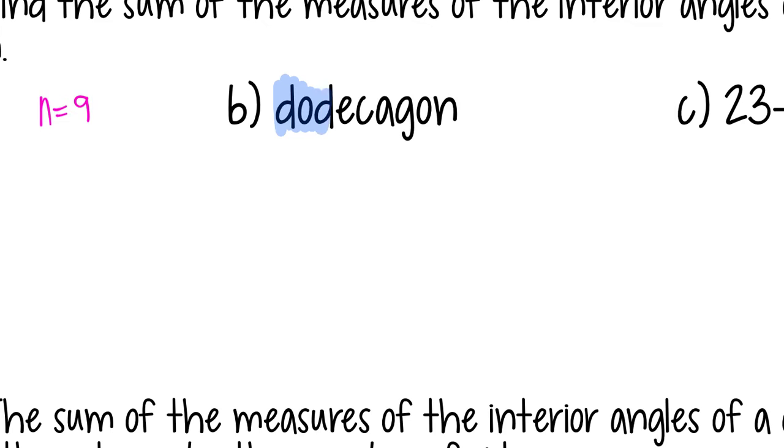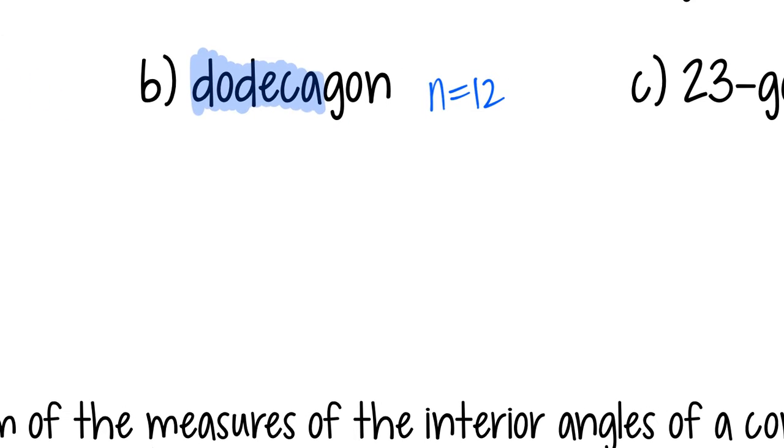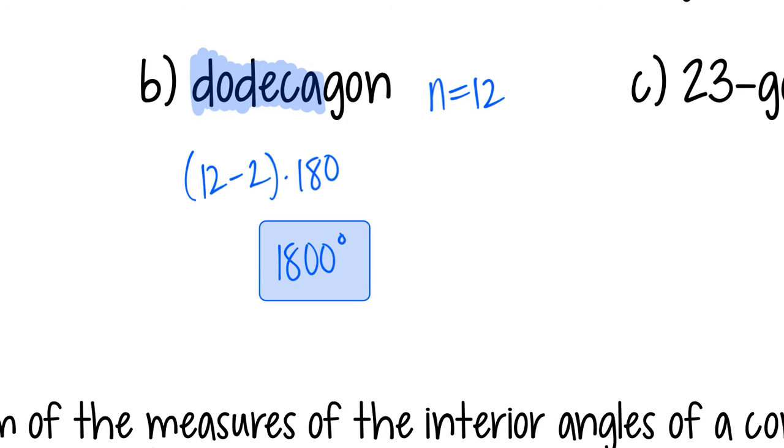So same thing, dodeca means that this is a shape that has 12 sides. So n would be 12. So using that same formula, (12 - 2) times 180, put that into the calculator, and we get 1,800. So a shape with 12 sides has an interior angle sum of 1,800.